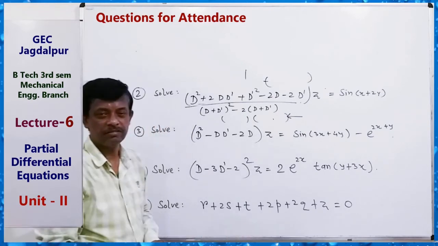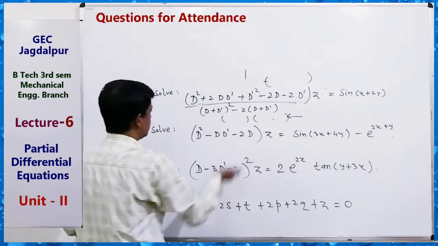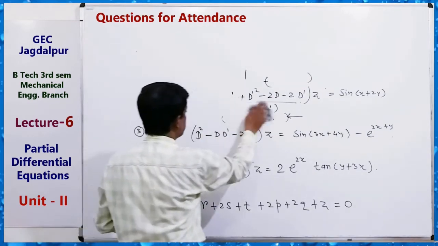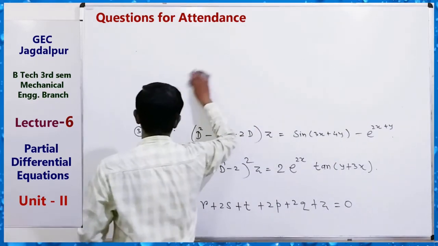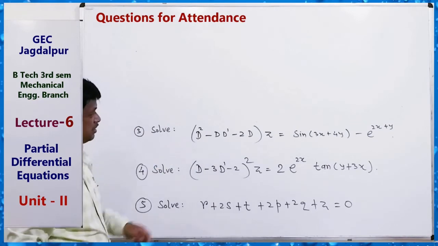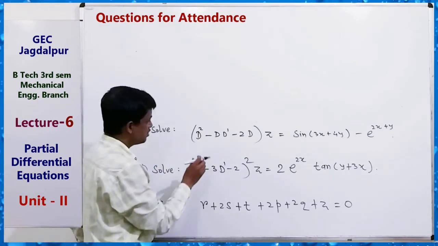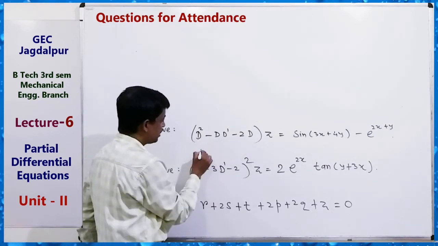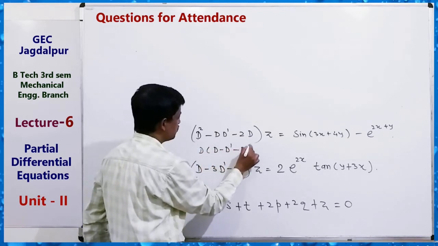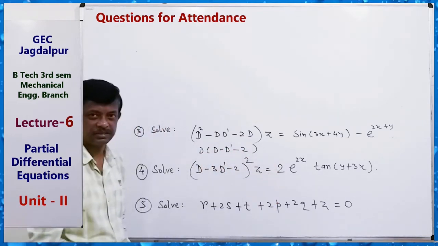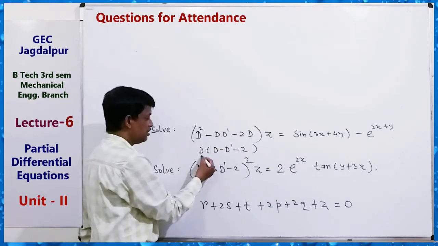You can differentiate. Get the PI. Okay. So, hint for this question: here, simple, D can be taken common. Then D minus D dash minus 2. Already factorized. You can write CF.